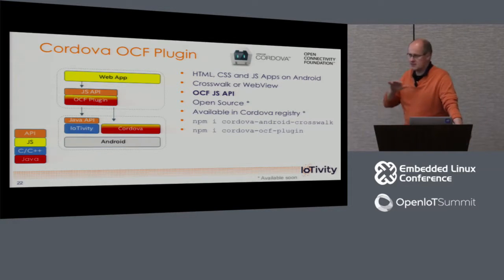And with that, you can write a Cordova plugin which exposes a JavaScript API for the developer. So the developer can do a mobile application using web technologies, package that, submit that to the Play Store or Apple Store, and it's there.